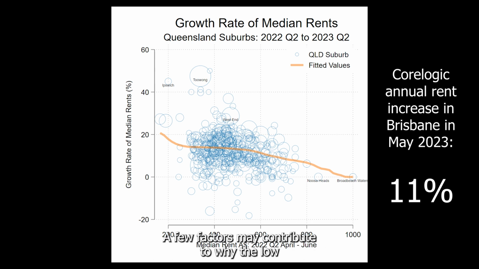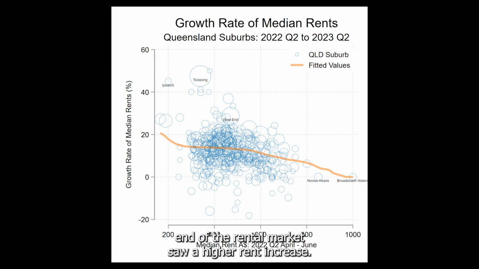A few factors may contribute to why the low end of the rental market saw a higher rent increase. One may be the normalization of interstate and overseas migrations, which may increase the rental demand. Renters facing higher rent as a percentage of rental income may choose to downsize or move to suburbs with lower rent. This adds to the rent rise pressure in lower rent suburbs or units.